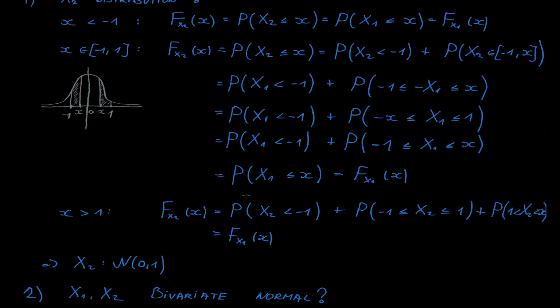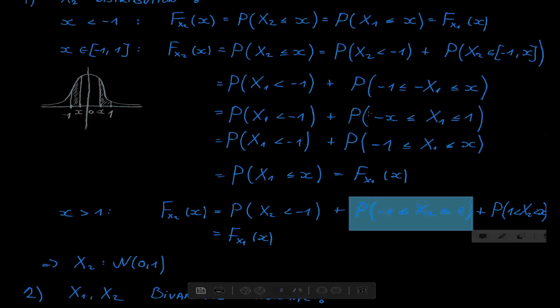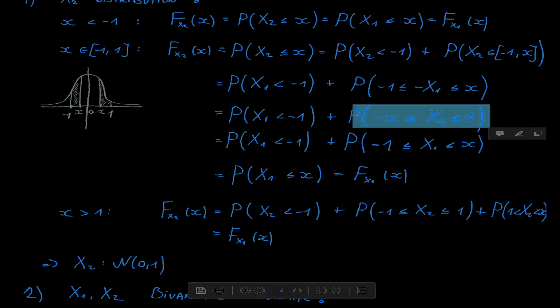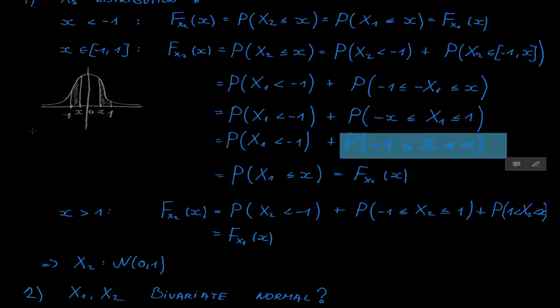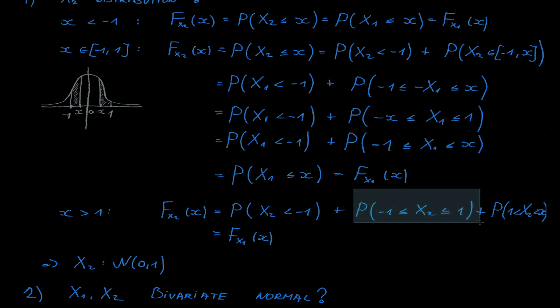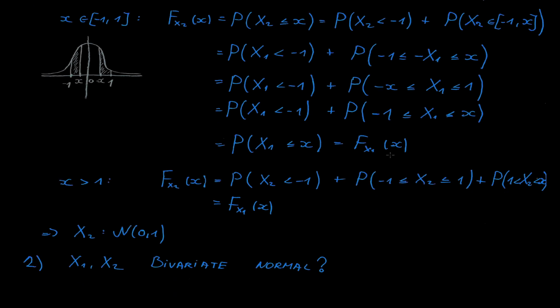So we can separate it into smaller than -1, between, and larger than 1. In this case we can again use the symmetry of x1 to prove what we need, if it is not obvious as it is.